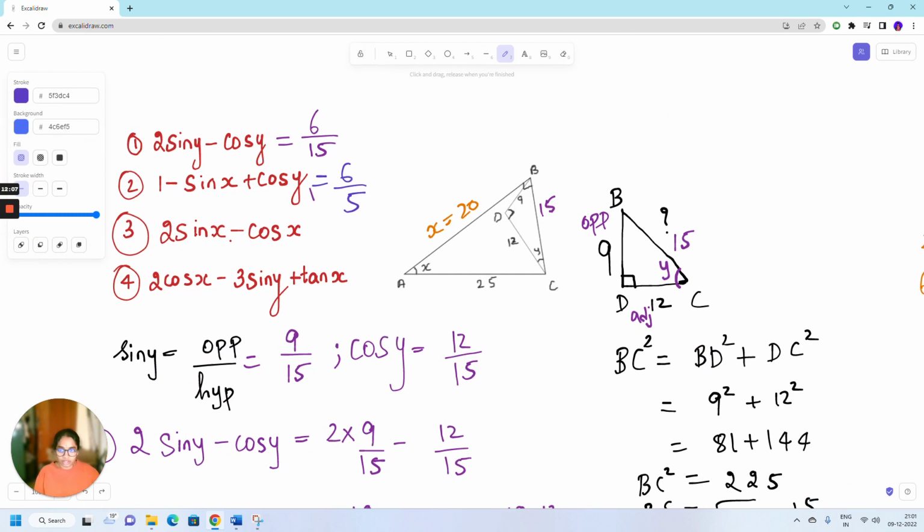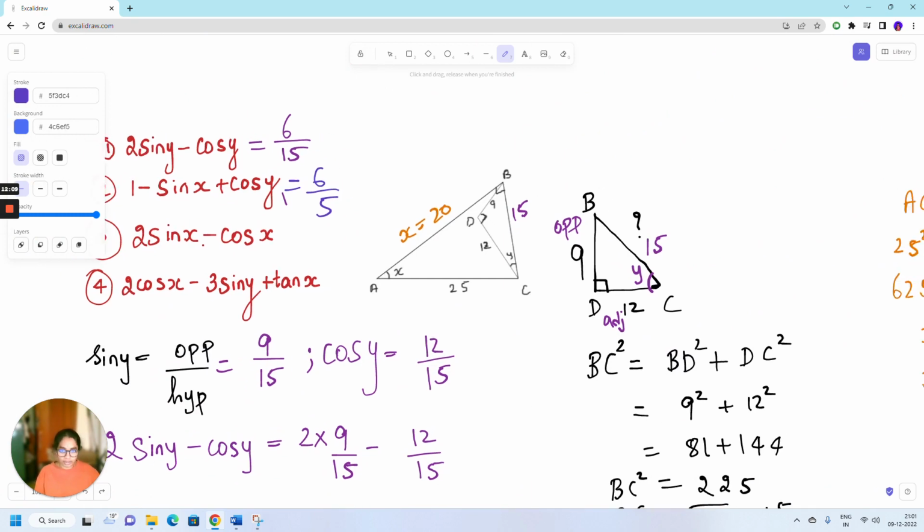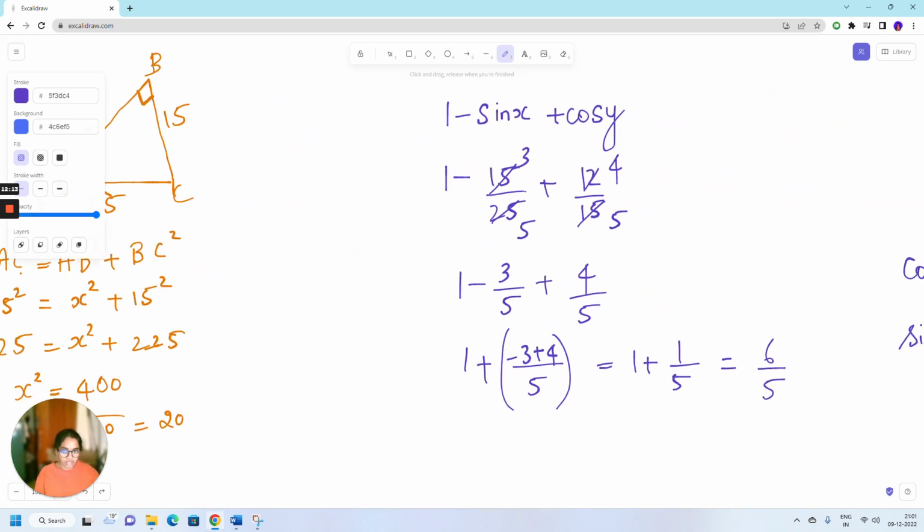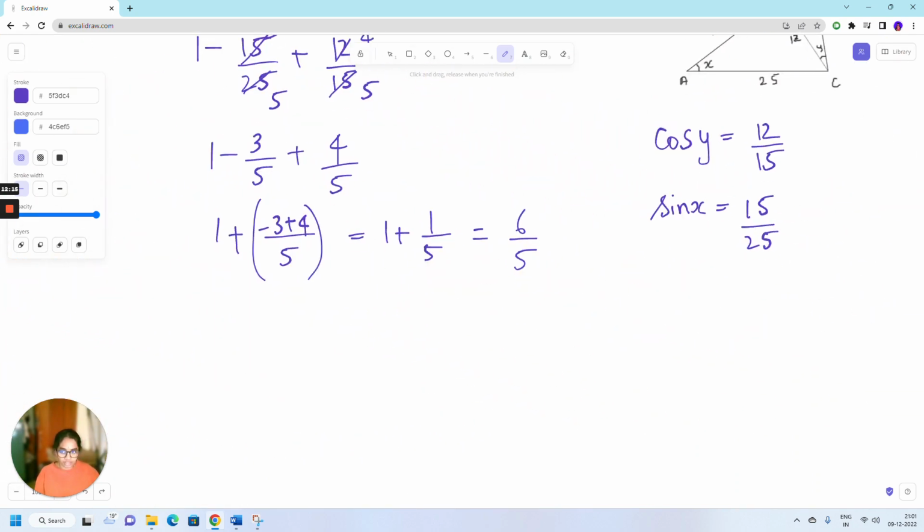It says 2 sin x minus cos x. Let us try finding what is 2 sin x minus cos x. So it is 2 sin x minus cos x. What is the value of sin x?